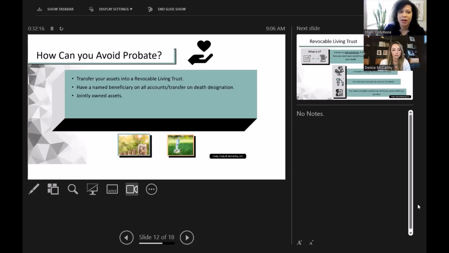That's important. Or by having jointly owned assets. If you're married, typically we recommend that your bank accounts be joint with your spouse most of the time. Those kinds of things avoid probate. But like I said, for all of these things, it is client specific. So for some people, some of these options might not make sense.